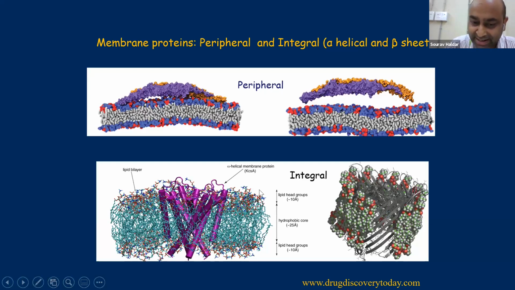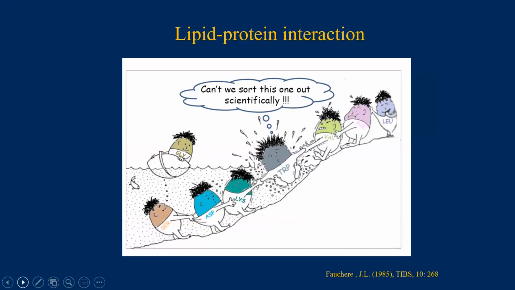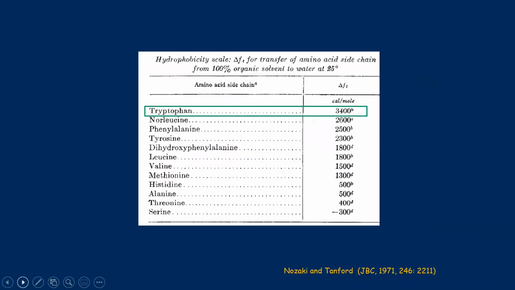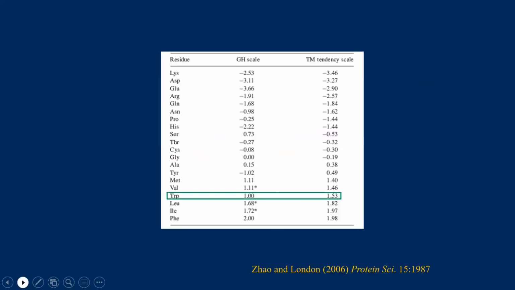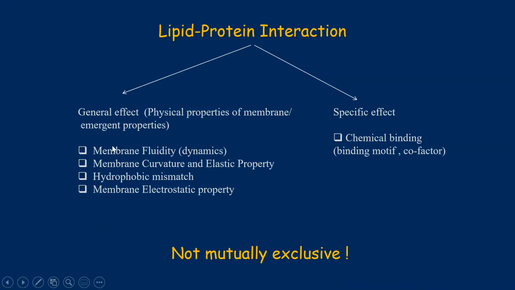Other than that, there are properties which emerge because of the bilayer arrangement of lipid molecules. I'll come back to this slide later. These are membrane fluidity, membrane curvature or the elastic property of the membrane, and the extra potential energy that is stored in the form of curvature stress, which will also modulate membrane protein function.